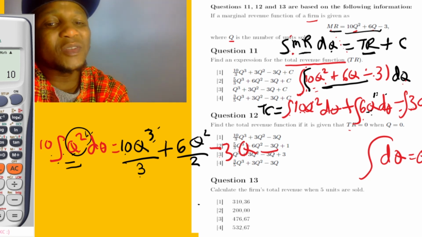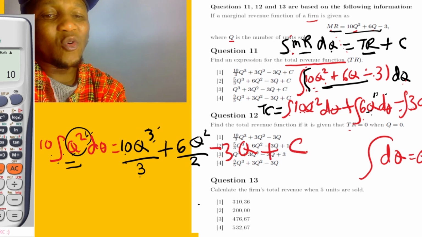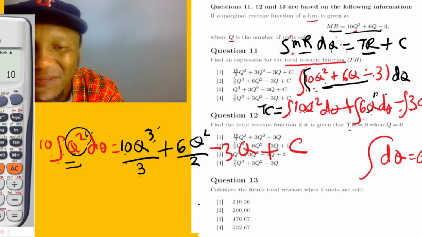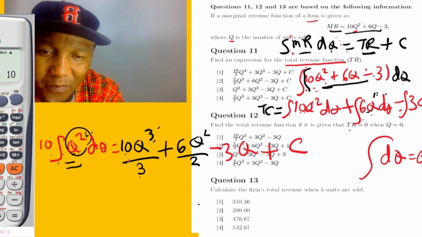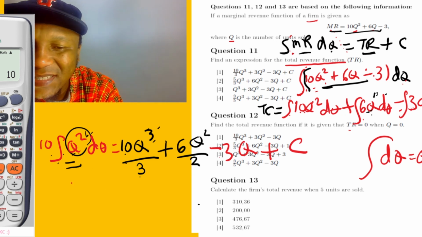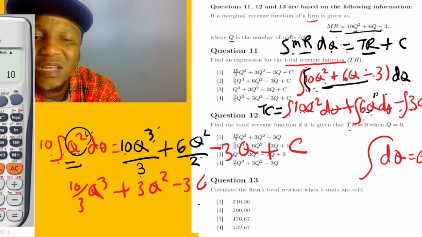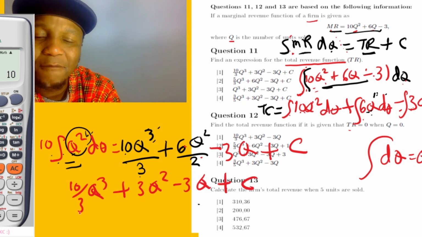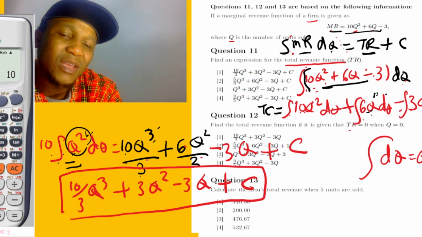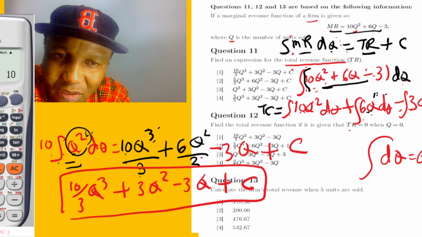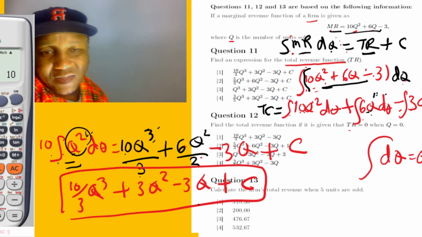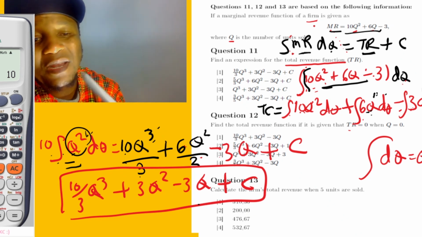So for that case, we add a constant c. So we can simply simplify this one. 10 over 3 q cubed plus 6 over 2, which equals 3q squared, and then minus 3q plus c. So this is going to be the total cost function, which is option number 1.